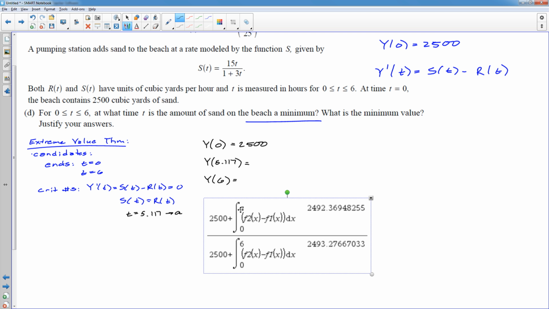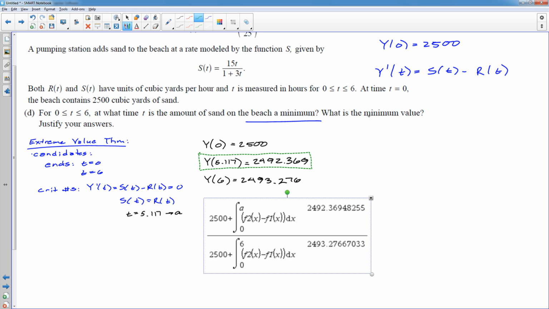At time 5.117, that was 2492.369, and remember, you do need to be accurate to the third decimal unless otherwise specified. And at 6, 2493.27. Here's another one where you could round. Of course, in this case, it doesn't matter because it's not the minimum. I'll just write 276. And since we're looking for the minimum, it occurs at the critical number of 5.117.